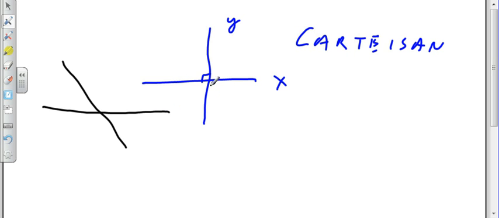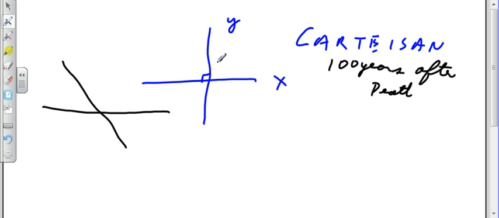It didn't become a right angle system until 100 years after his death. Somebody else said, oh, Cartesian coordinates, it'd be better if they had a right angle there. That would make things better for everybody, so we're going to do it that way.